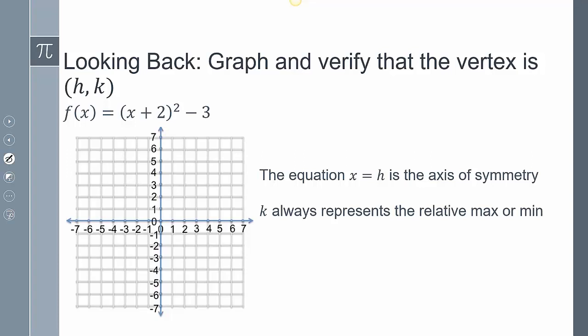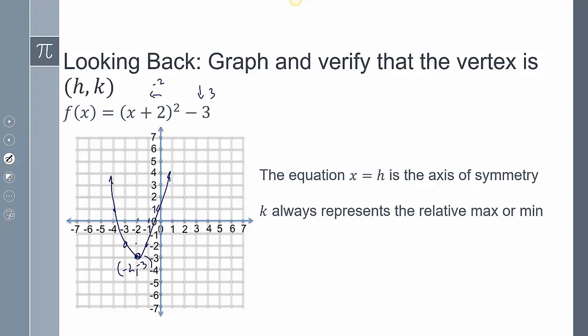So if I have (x plus 2) squared minus 3, graphing that with the transformation, that moves over negative 2, and that's going to be down 3. So 1, 2, down 3. And so that's going to be here, and my graph will look something like this. Just looking at this, my vertex is going to be (negative 2, negative 3).